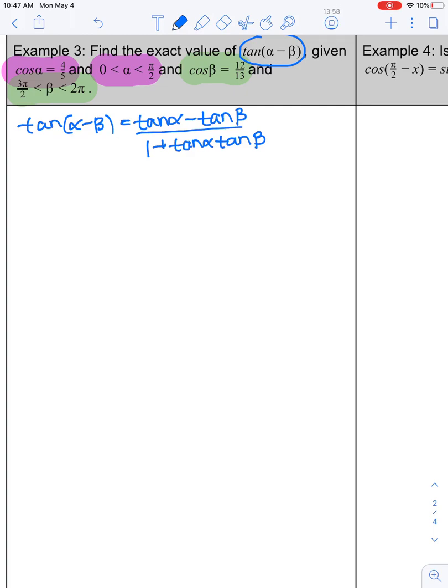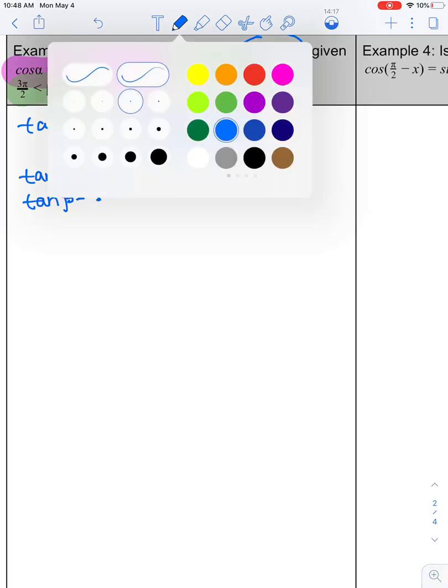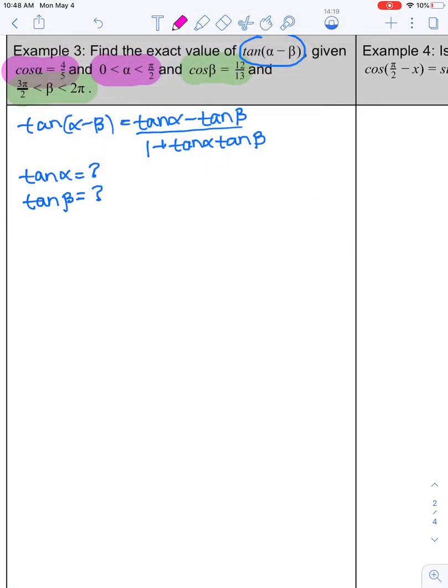So that subtraction becomes addition in the denominator. So it looks like in order to do this calculation, we're going to have to figure out what the tangent of alpha is and what the tangent of beta is. And all we're given is information about the cosine of each of those angles. So we're going to have to do a little bit of work here.